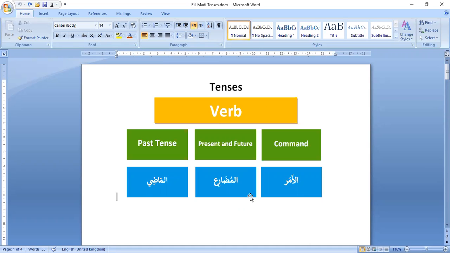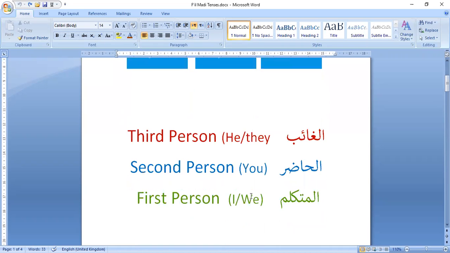These are the three you need to remember, inshallah. Today we're going to cover Madi, but before we cover Madi, we have to understand the structure. In English, they don't really teach you a structure, but in Arabic, we learn a structure. So how is this structure built? We will go into it now, inshallah.